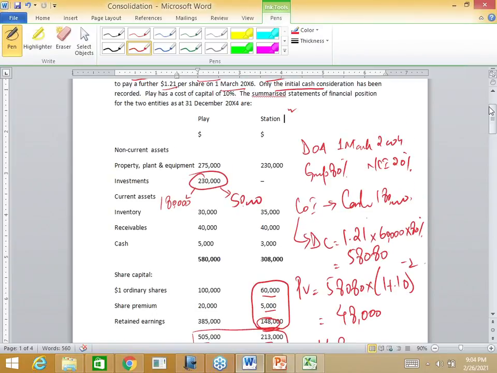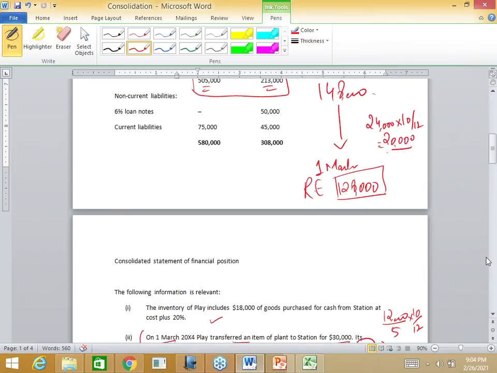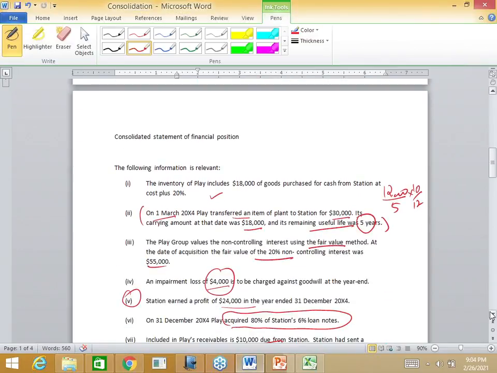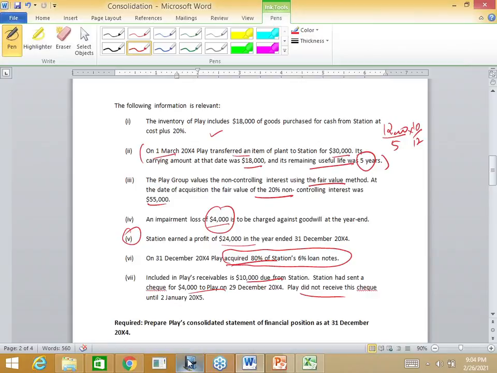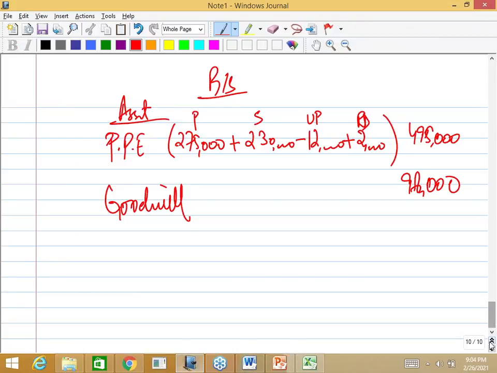Now what about the investments? The parent company has acquired 80% of the subsidiary. Now here is the case.